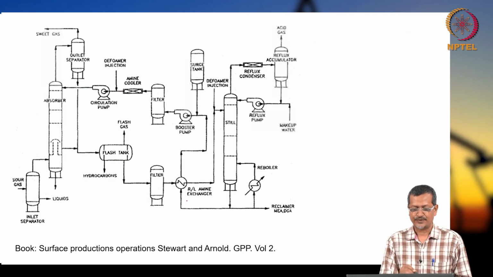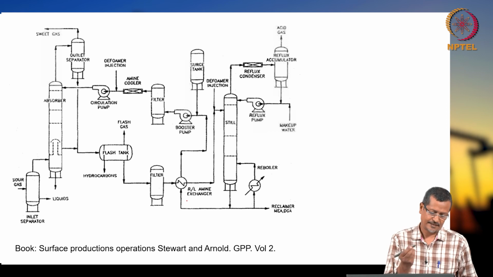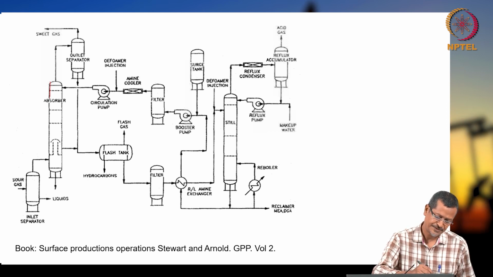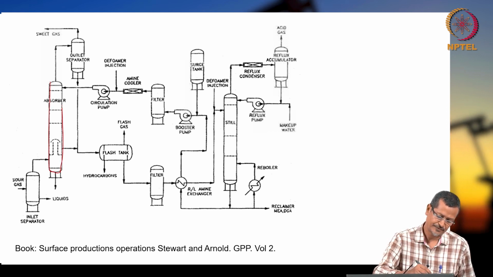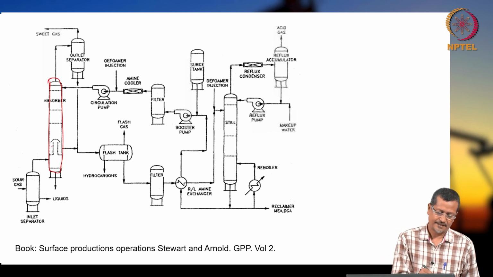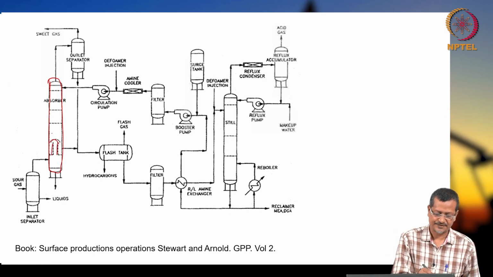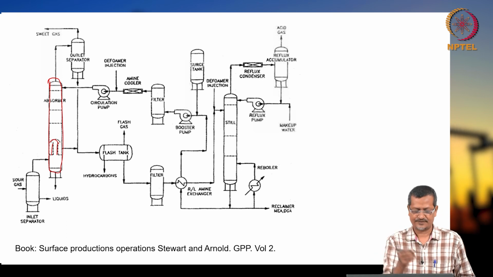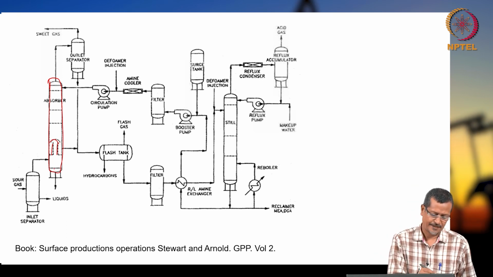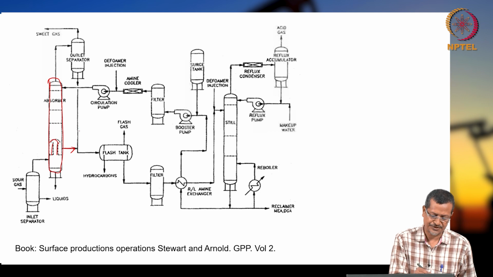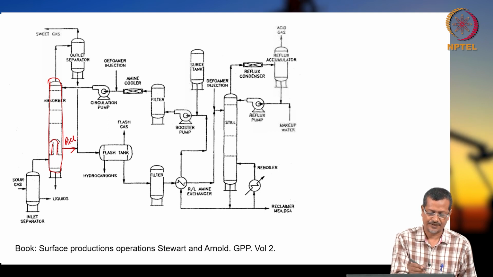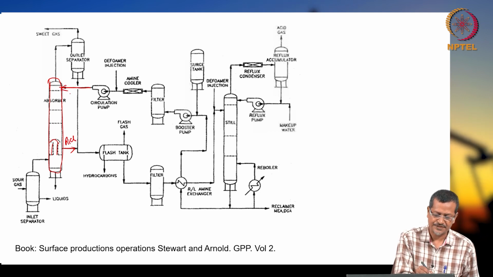So here you can see the detailed picture. As I said, one absorber system is there. You can see this one I am drawing using my red pen. These are trays; this is one tray, and many trays will be there. They have shown one tray, and this is the rich mixture, and entering from the pump you see the lean mixture.